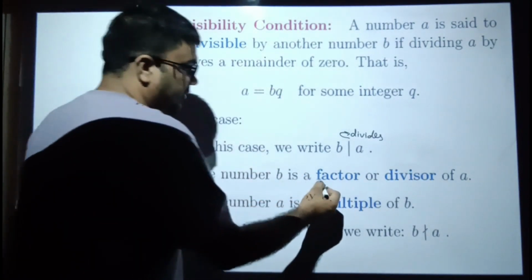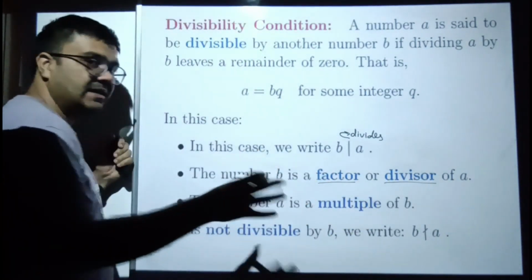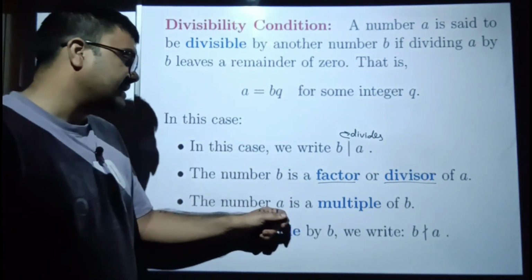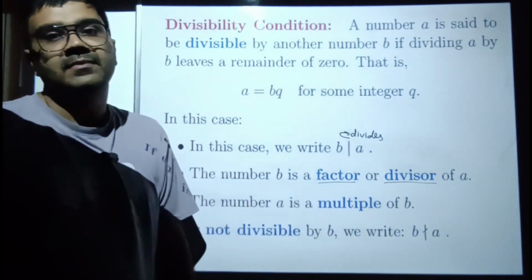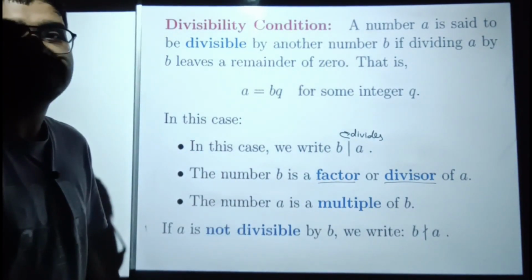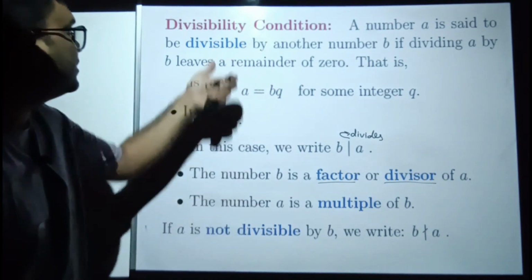So these two terms we can use as interchangeable terms, or we can say the number a is a multiple of b. So we can use any of these notations when we are talking about divisibility.